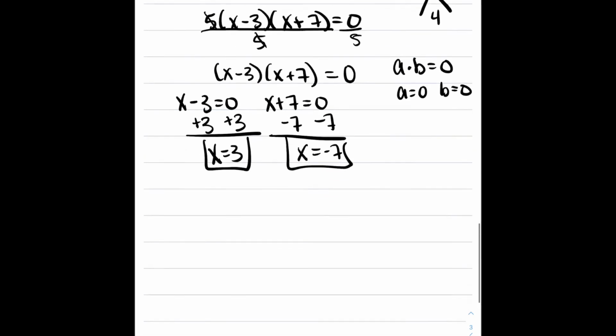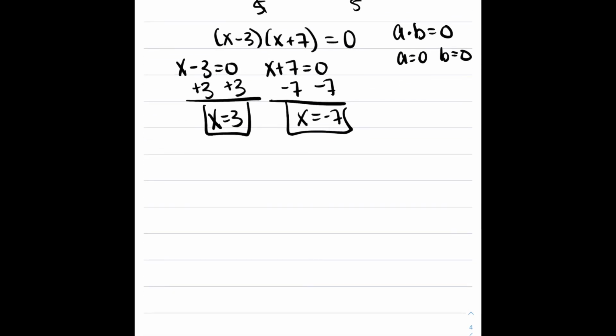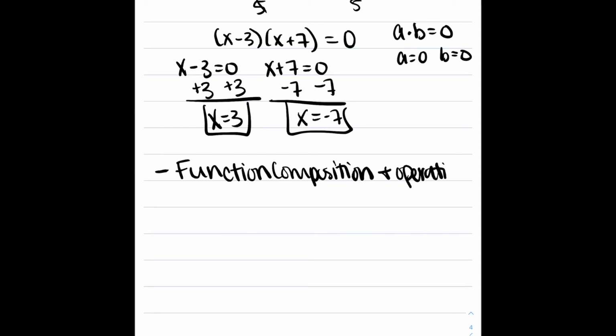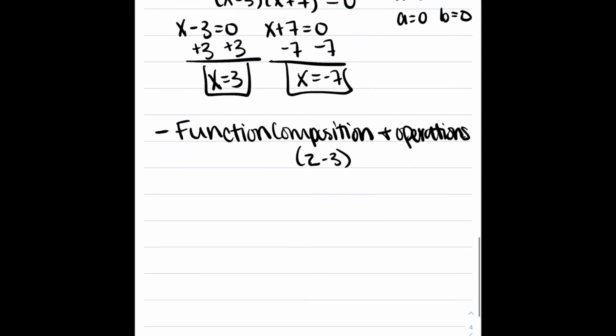Okay, the last section, hold on, let me see. Yeah, the last section of our test is going to be over function composition and operations. And this is going to be like 2 to 3 questions.